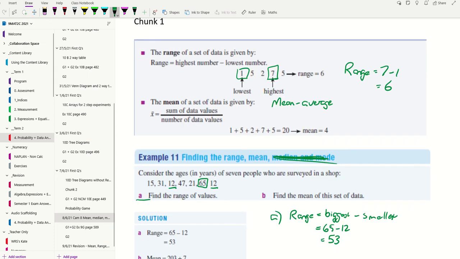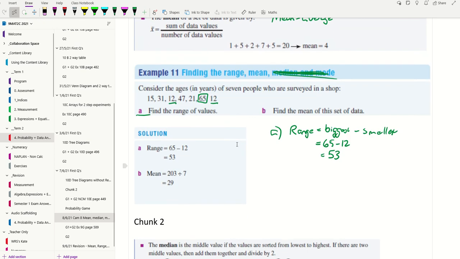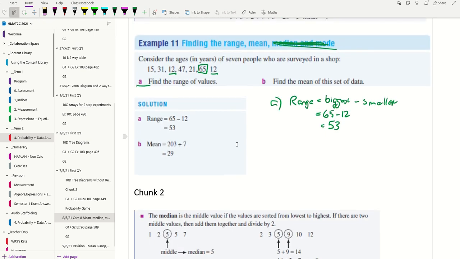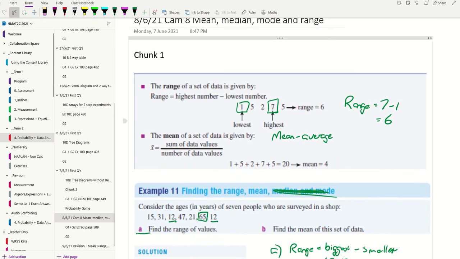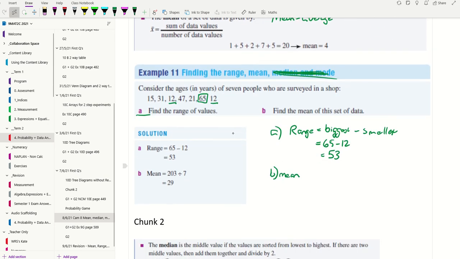So we're going to do the same sort of thing with a set of data values. If I look at my example down here, I'm going to have my numbers again and I'm going to find the mean. Now the mean is often written as an x with a bar on it. That's how our mean is written.